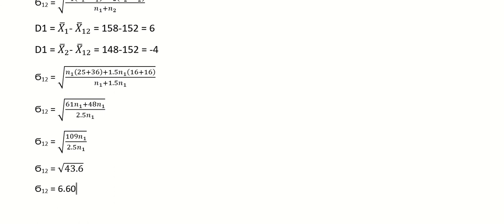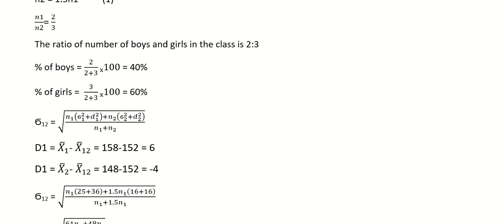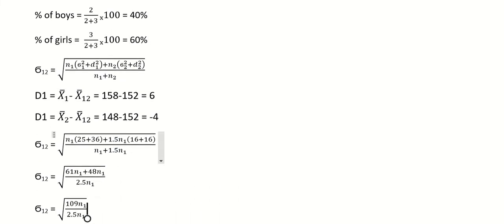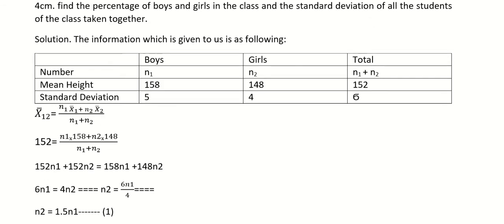So this I have calculated. And the second thing which we were supposed to calculate was the combined standard deviation. So this is 6.60. So thank you so much. We are done with the question.